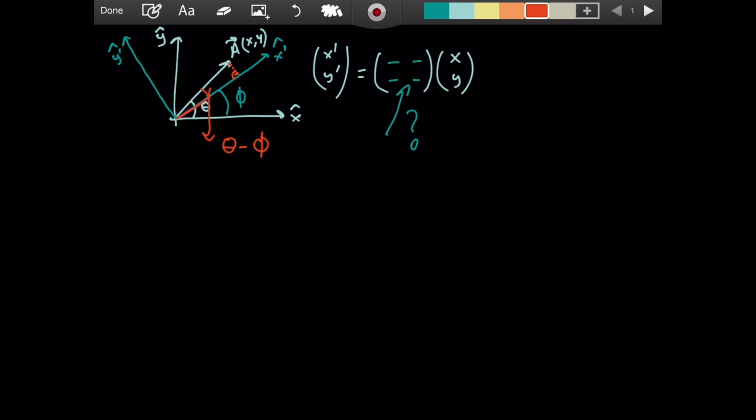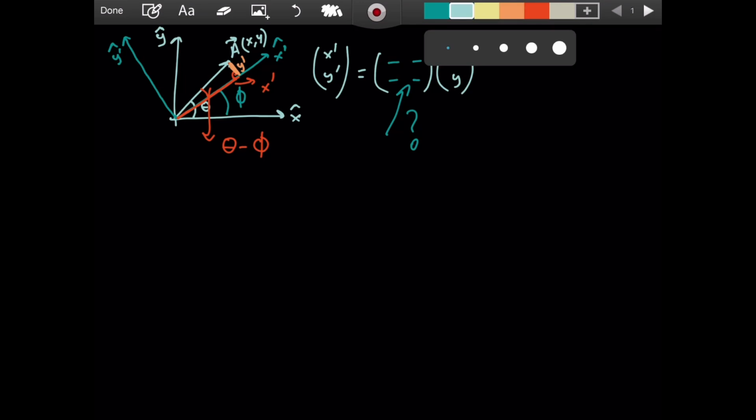And this part is going to be the x prime, and this part, let's do it with a different color, with orange, let's say. This part is going to be y prime. Okay? So what can we say?